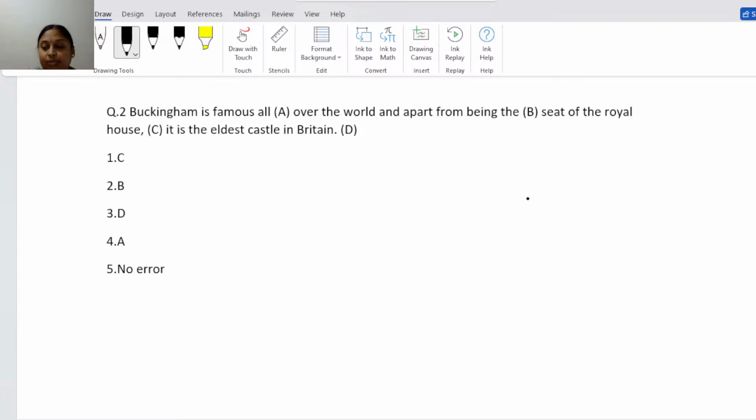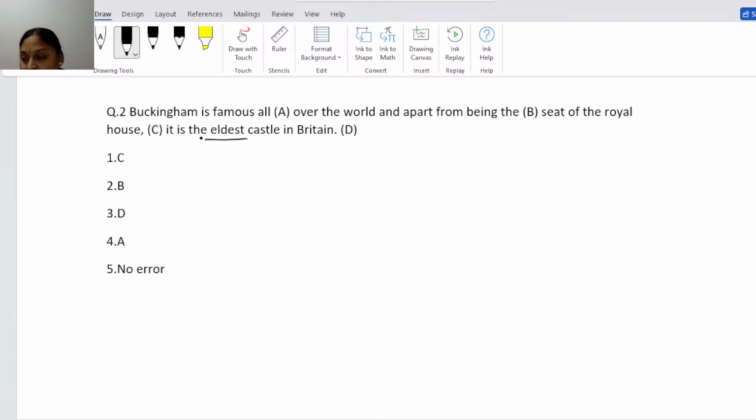This is the statement they gave. If we see here, the given word is eldest.